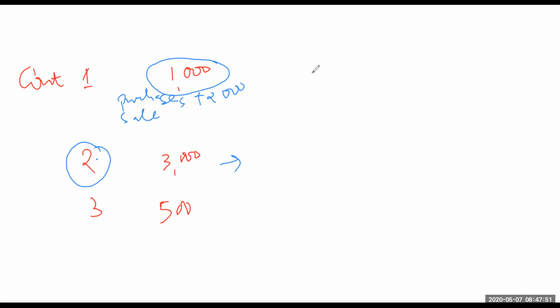Okay, so at the end of test 1, assuming it was done at the end of the month of April, we found that this company had 1,000 units. Then for test 2, assuming it was done at the end of the month of August, the company found that they have 3,000 units. Between April and May, a purchase of 2,000 was made.